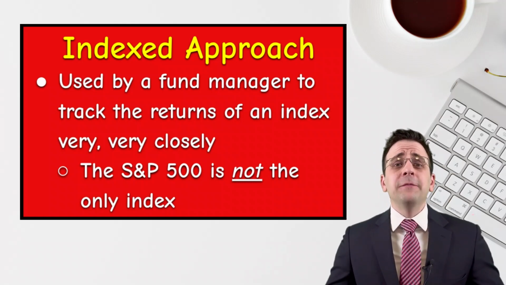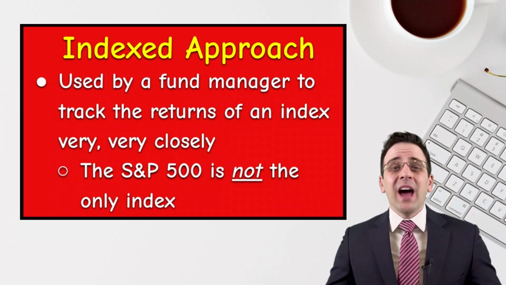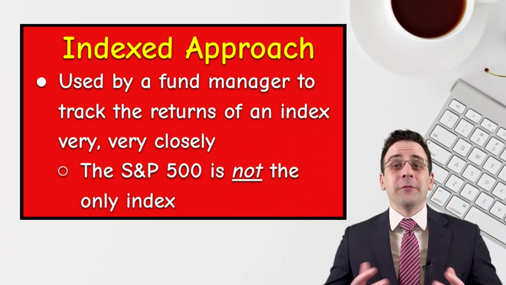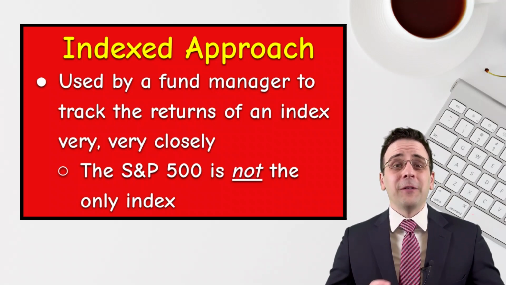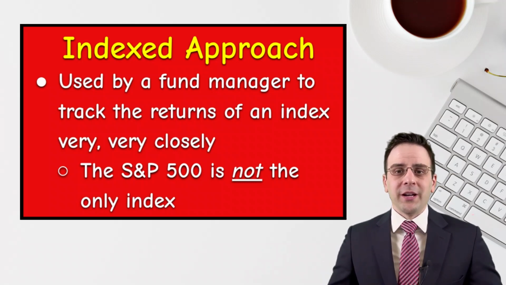The S&P 500 is far from the only index, and not all indices are as diversified as the S&P 500, but a few are even more diversified. In addition, it's also important to note that there are indices for bonds, real estate, and many other assets.